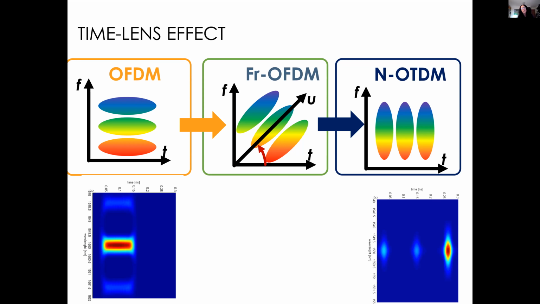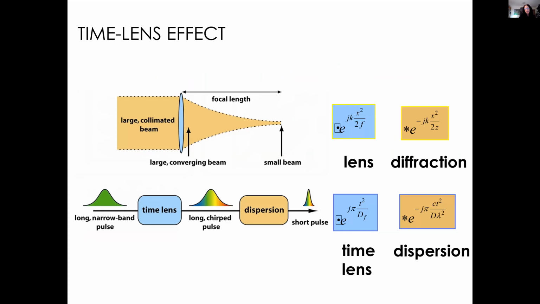So basically to go from parallel transmission to OTDM. OTDM is orthogonal time division multiplexing, where the signals are orthogonal in time and no more in frequency.